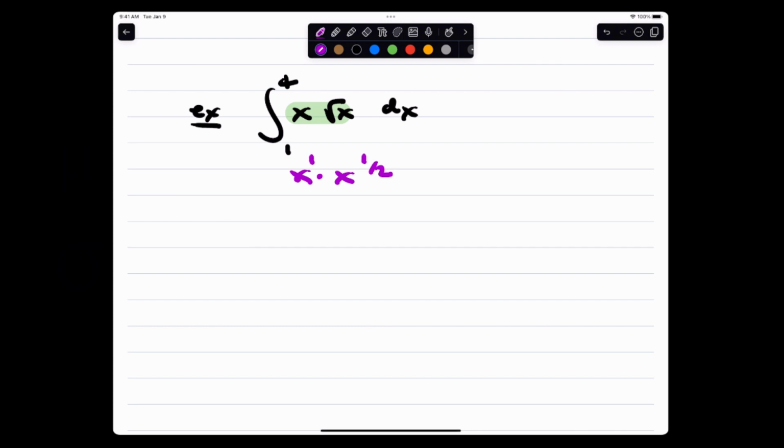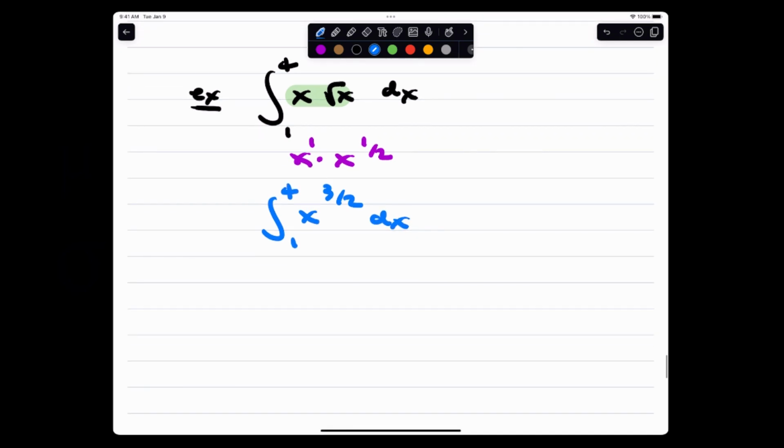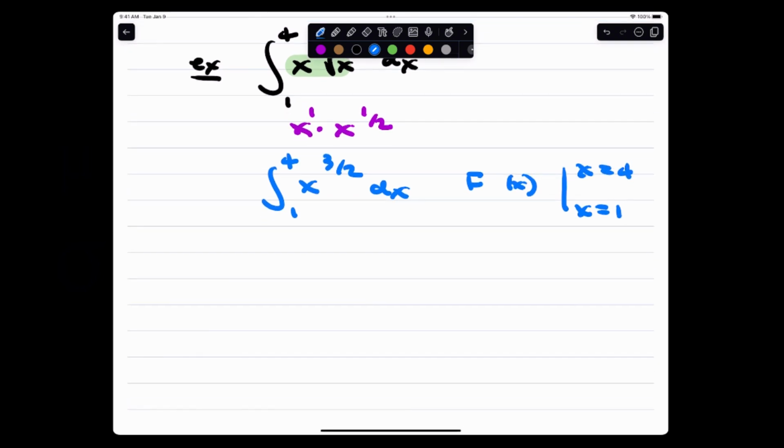What's this? This question is really going to be the integral of x to the what? 3/2? Okay? I need the antiderivative of that, evaluated from x is 1 to x is 4. So what's the antiderivative?